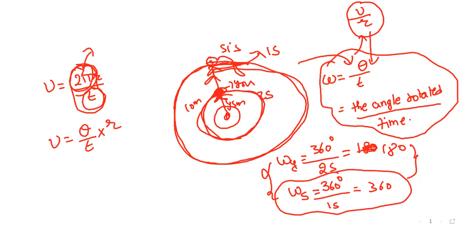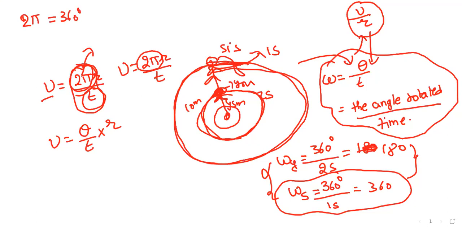Earlier also we calculated that the tangential velocity is nothing but the circumference, which is 2 pi r over t, right? Yes. But what is 2 pi? 2 pi is nothing but the angle covered, or 360 degrees. 2 pi is equivalent to 360 degrees.